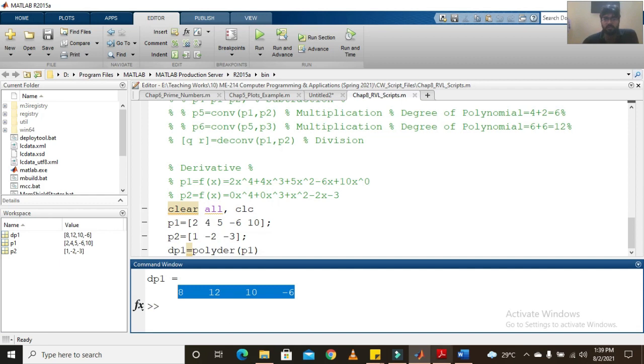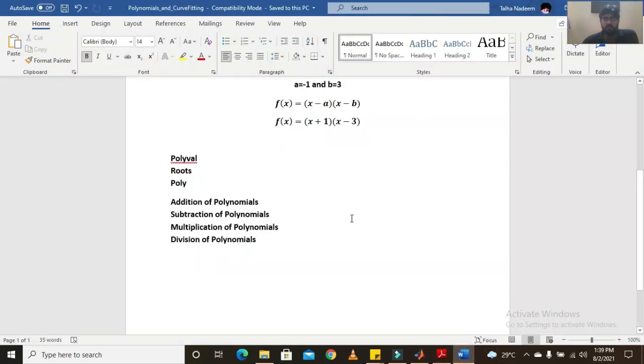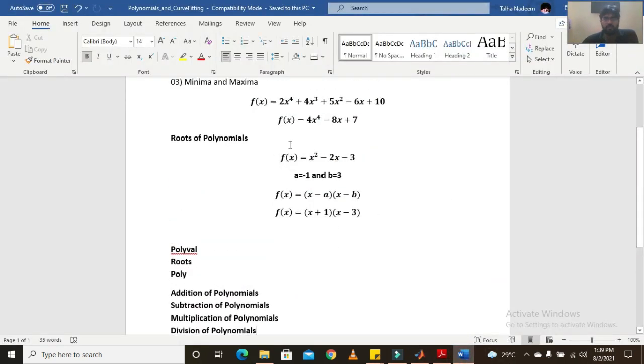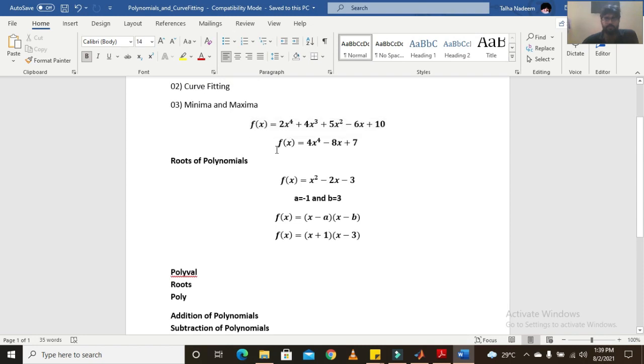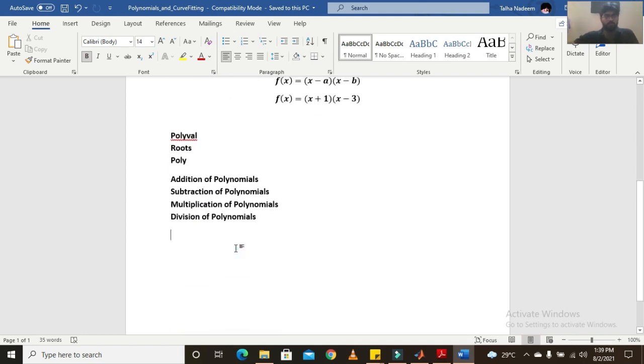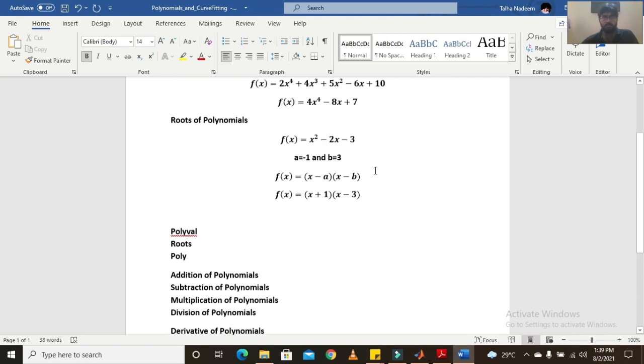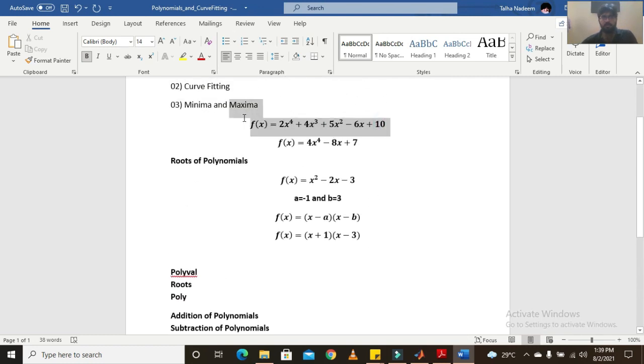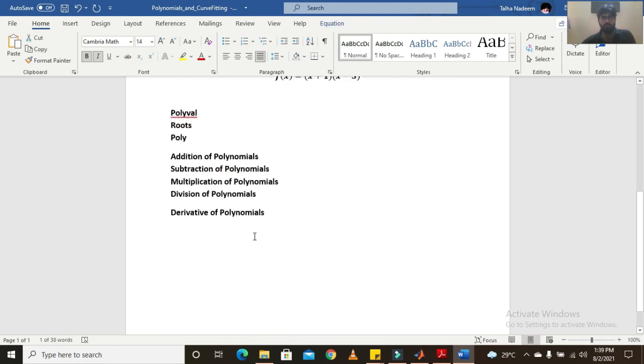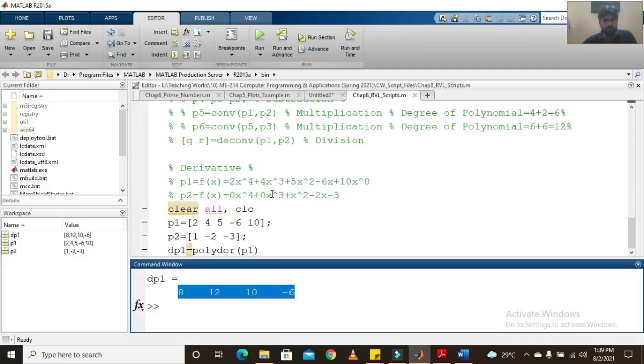So here you can see, when I am talking about the derivative of a polynomial, and let's say this is my function. I guess we have used the same function, yes.